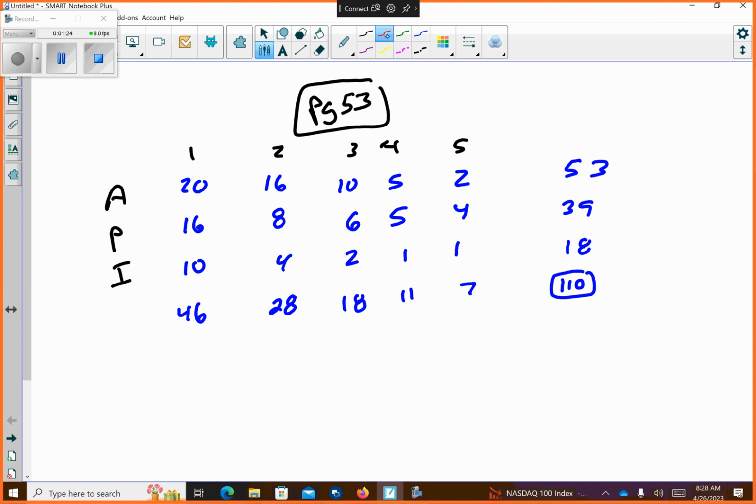So if I want to figure out the expected value, so let's take this guy right here. We have 20 hurricanes that are going to take place. So what I'm going to do in order to get the expected value is I'm going to multiply this and this together.